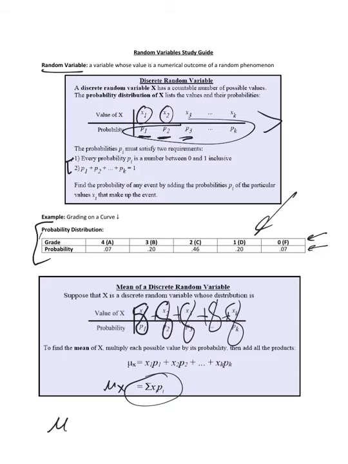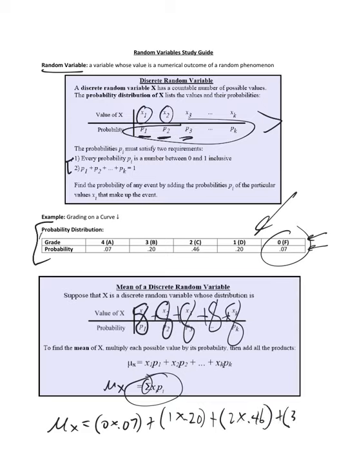But our example here, I'll start at the 0, way down here at the right end. So this would be 0 times 0.07, which of course would be 0, plus, again, this is a summation, 1 times 0.20 plus 2 times 0.46 plus 3 times 0.20 plus 4 times 0.07.